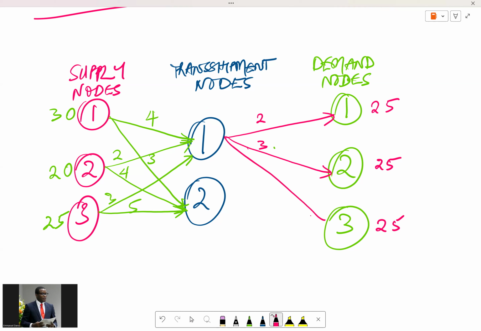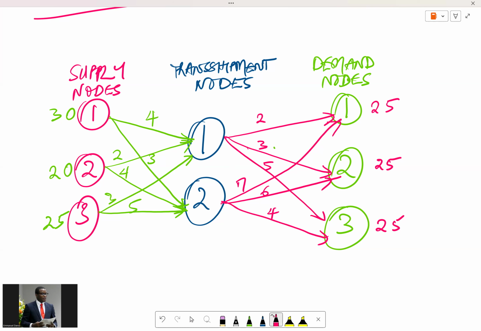From 1 to 3, that is $5. And we can also ship from transshipment node 2. From 2 to 1, that is $7. From 2 to 2, that is actually $6. And then from 2 to 3, that is $4. So that's the kind of setup we have for transshipment.